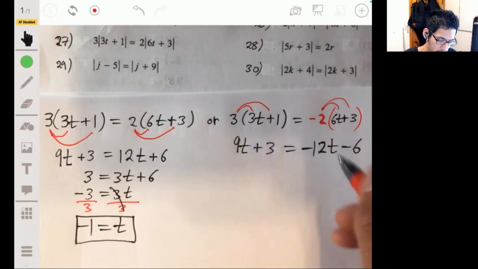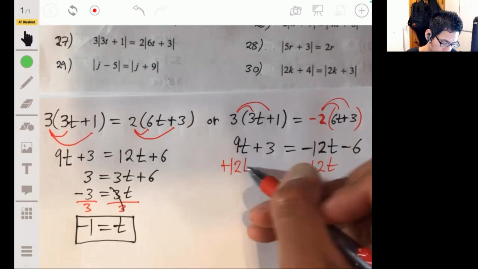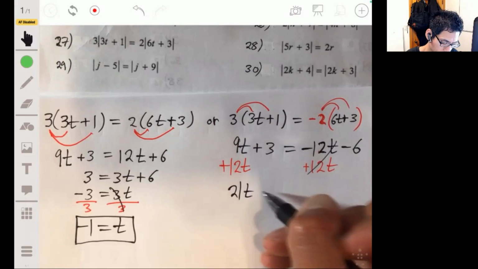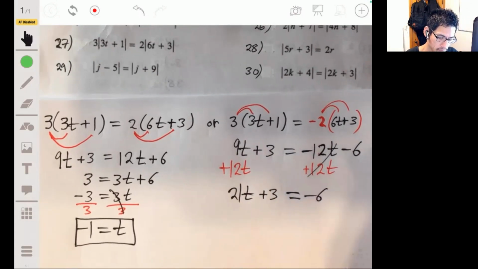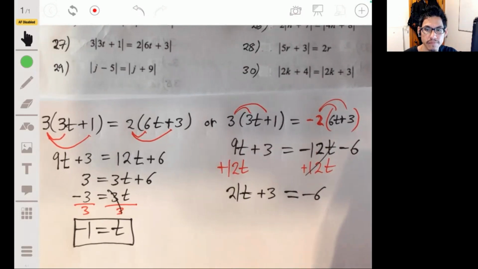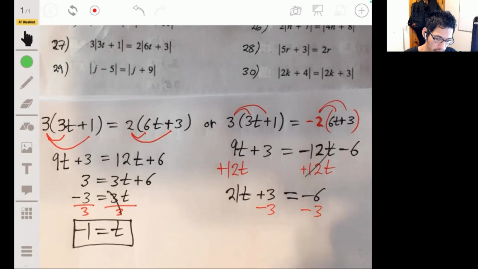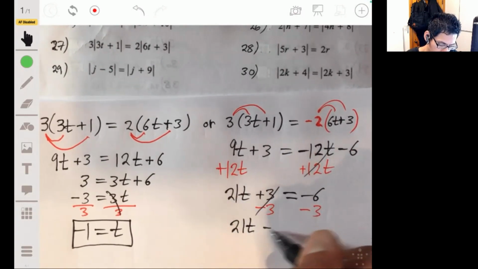Let's add 12t to both sides. 21t plus 3 equals negative 6. Take away 3 from both sides. 21t, don't forget the t, equals negative 9.